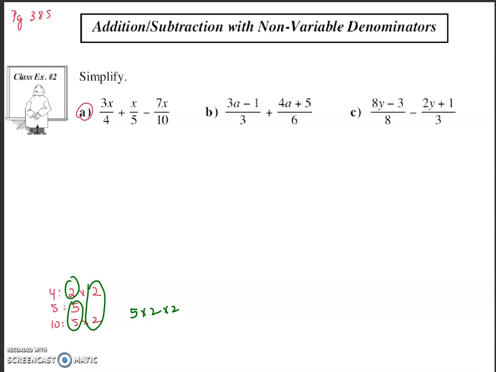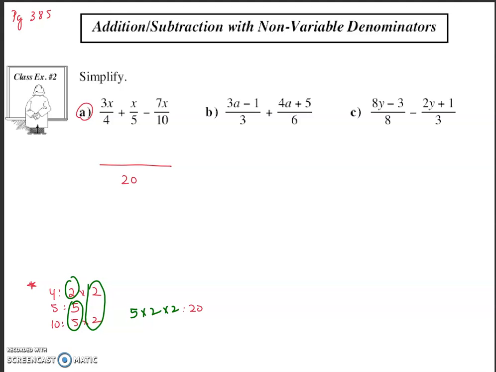I'm really just doing this to kind of re-emphasize the method we're going to use later, so you get comfortable with it. But if you already know that the common denominator in this particular question is going to be 20, you can just go ahead and start with this 20. You don't have to do this. This is just optional as a teaching moment.